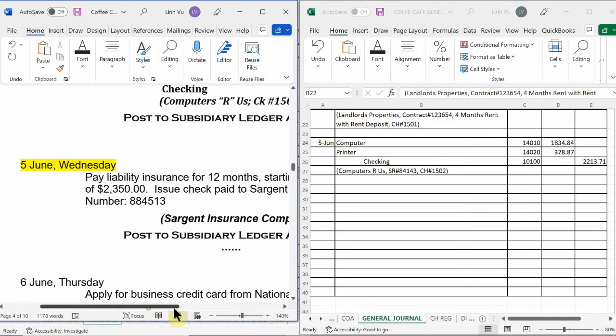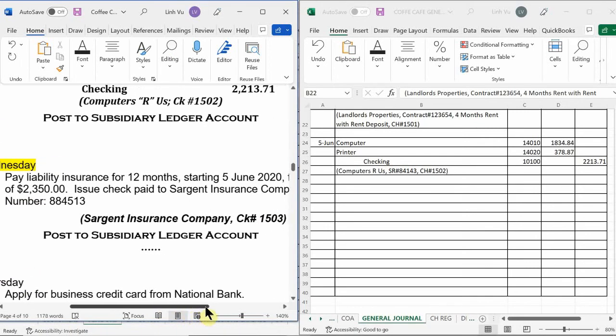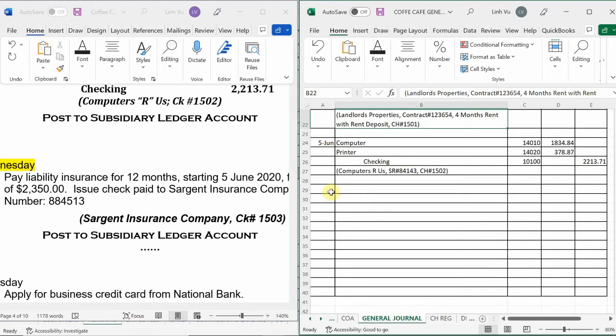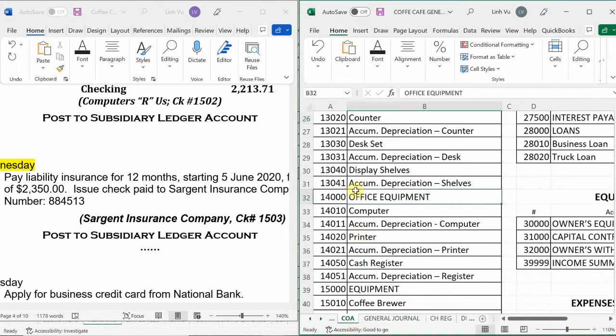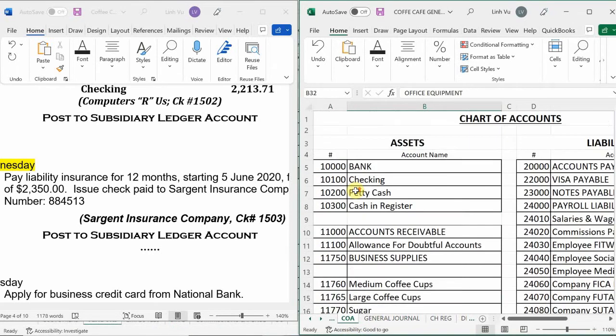Okay. So what did I do here? You're paying liability insurance for 12 months, starting on the 5th, for the amount of $2,350.